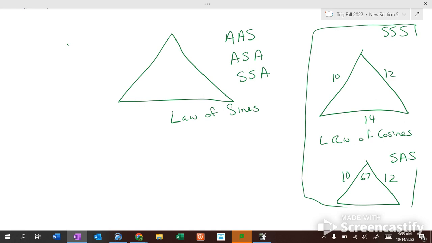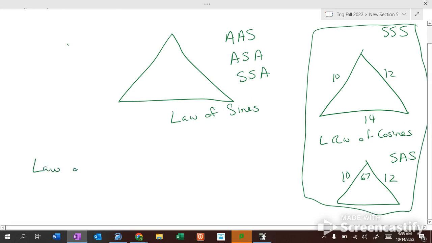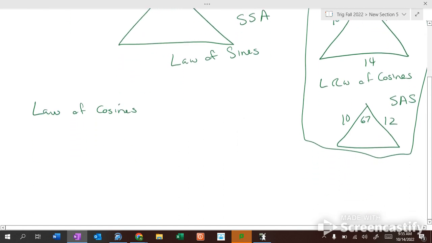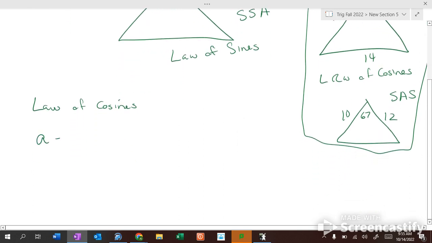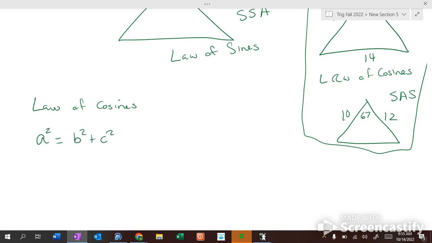Okay? So, the law of cosines. If you're looking for A, A squared equals B squared plus C squared minus 2BC cosine of alpha.